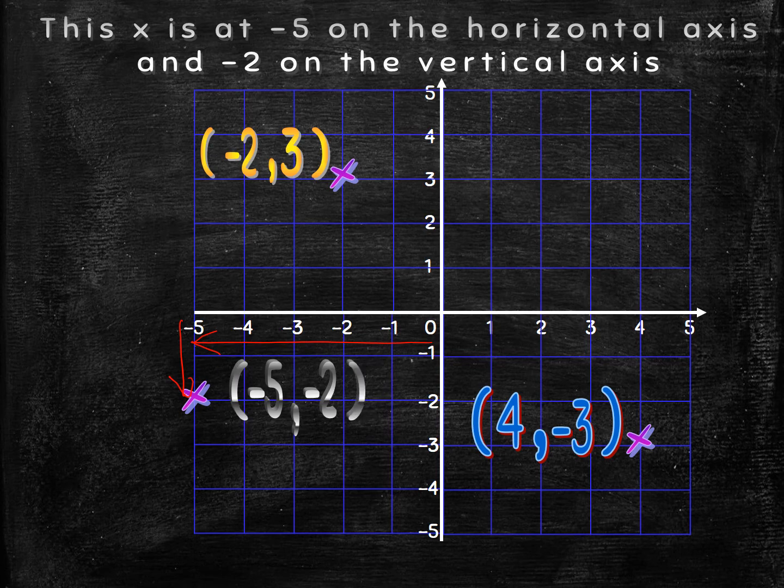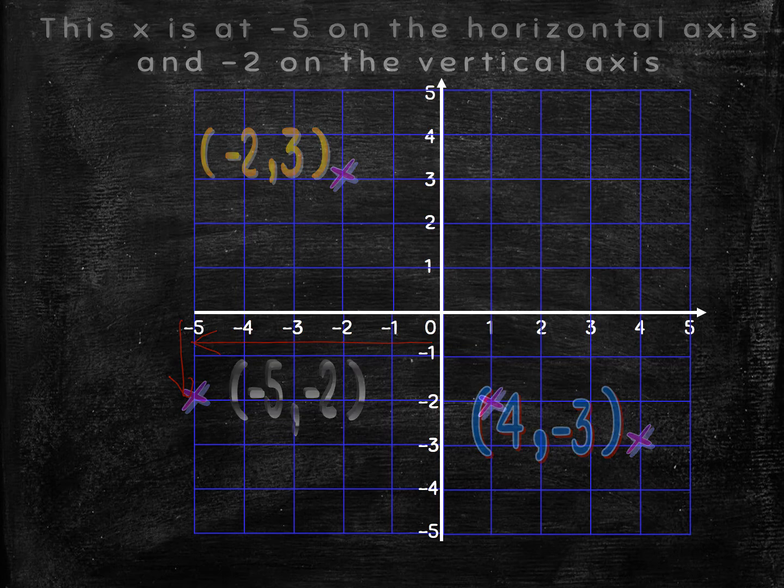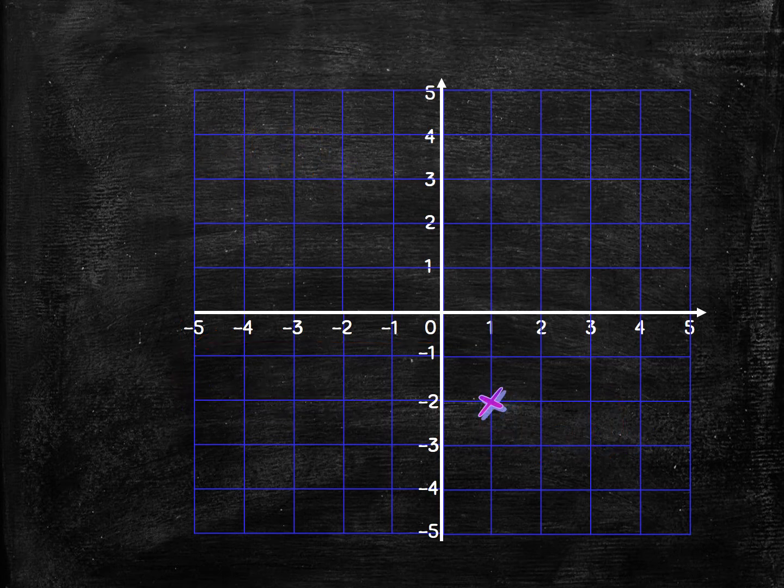Okay, so what we'll do is we'll look at some more examples of that. So our first point is this one here. How far have we gone across? We've gone across to 1 and we've gone down to -2. Our next one, we've gone across to -3 and up to 1. Next one, we've gone across to 4 and up to 4, so it's just 4 and 4, there's no negative numbers there.